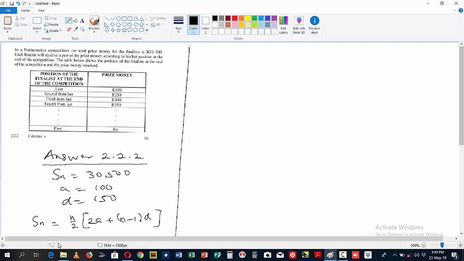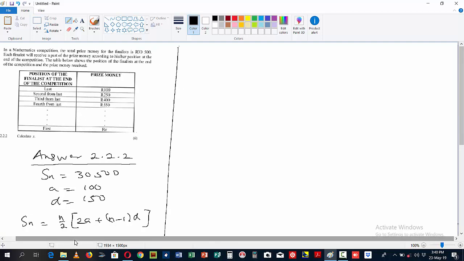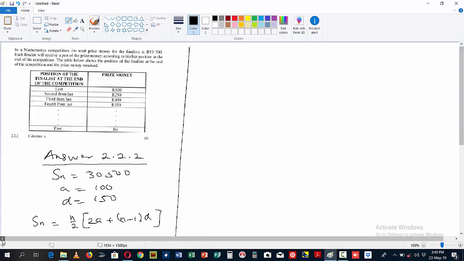We need to determine our n now. Our n is unknown. n is not given. So let us now apply the formula.